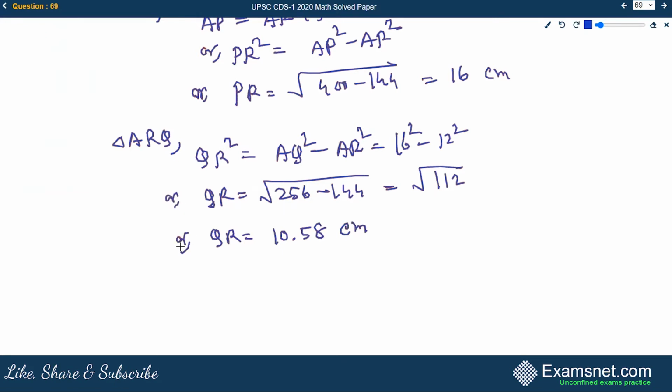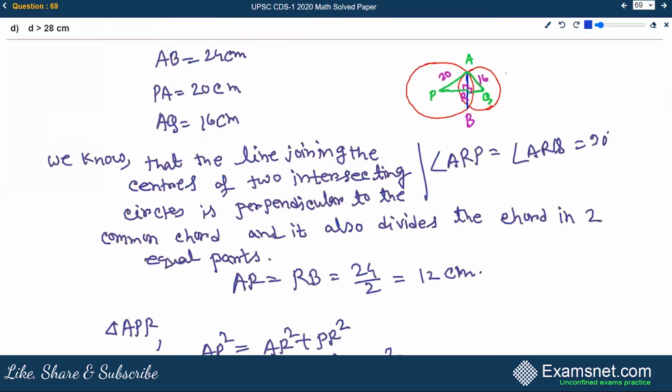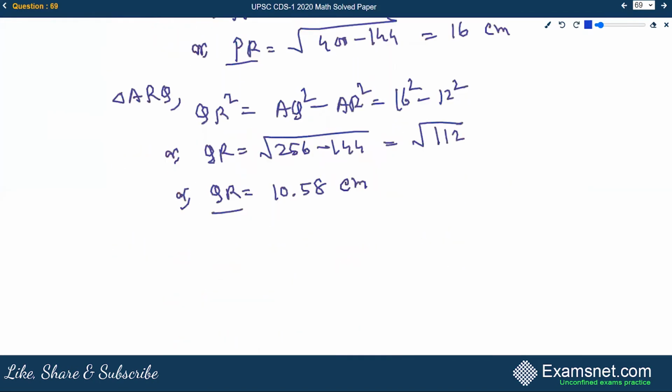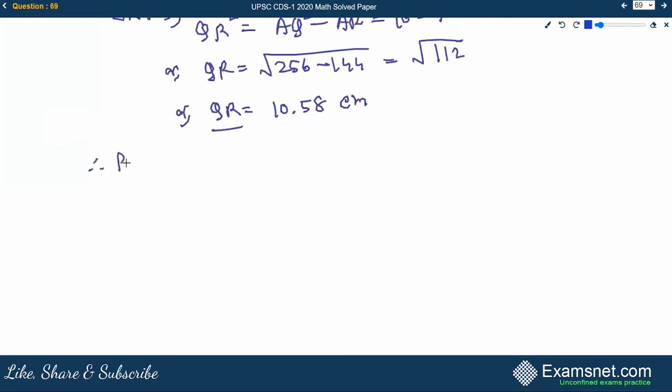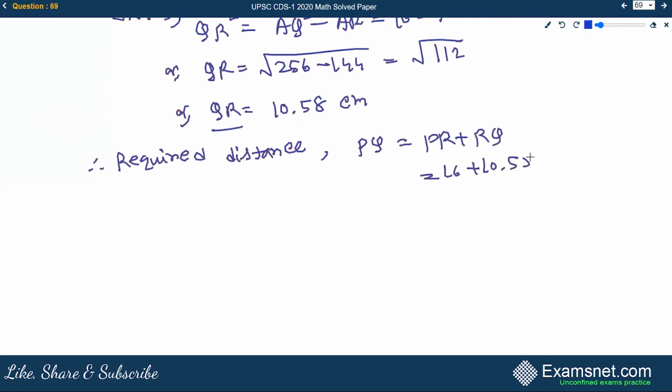Okay, 10.58 centimeter. So we got the values of PR and QR, correct? To get PQ, hence the required distance, we can write PR plus RQ. So 16 plus 10.58 centimeter, that would result in 26.58 centimeter.